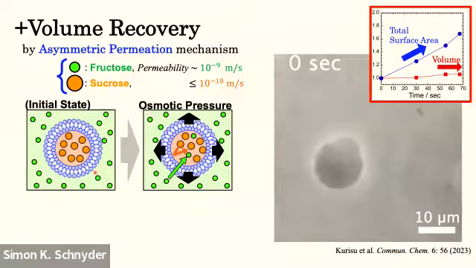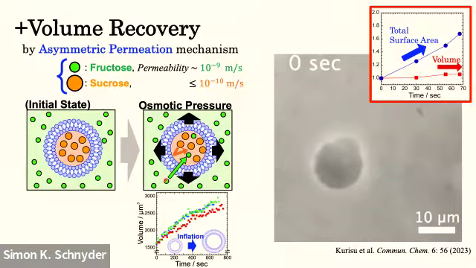Even if the internal and external concentrations are the same, the asymmetric molecular permeation generates a sustainable slight concentration difference between inside and outside of the vesicle membrane. This results in a sustainable osmotic pressure difference and volume inflation like this, over more than 10 minutes.